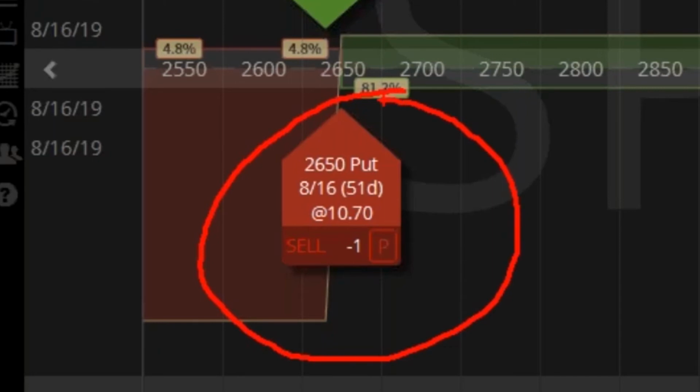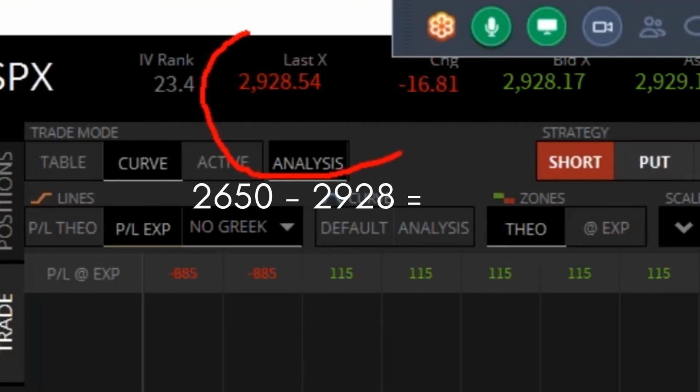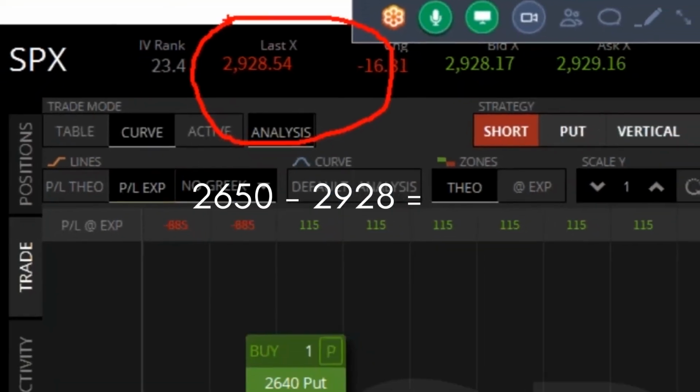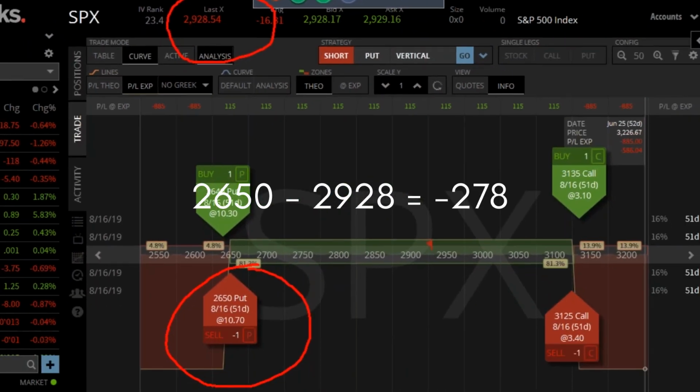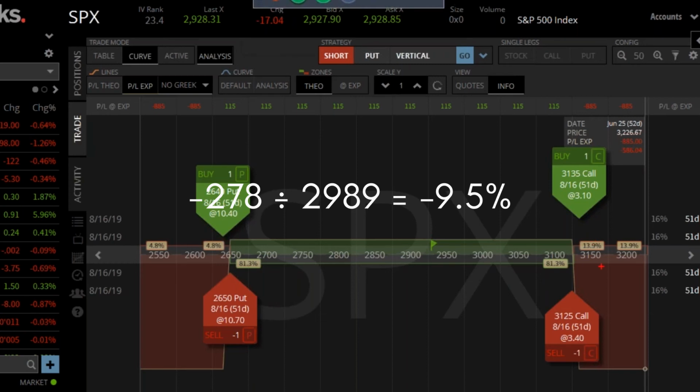To figure out how far away you are on the put side, you say 26.50 minus 29.80, which is the current price of the underlying, which we're looking at the SPX here. That equals 278. Then you divide that by the current price of the SPX, which is 29.28, and that equals 9.5% down for the put side.